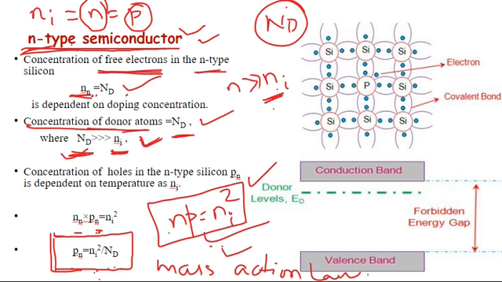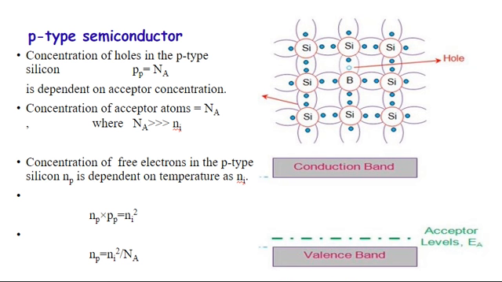Lastly, in this video we will study the P-type semiconductor. Same as N-type, here the concentration of holes is more as we are adding trivalent impurity. The concentration of trivalent impurity or acceptor atoms is written as Na. So the concentration of holes is equal to the concentration of acceptor atoms, which is Na.